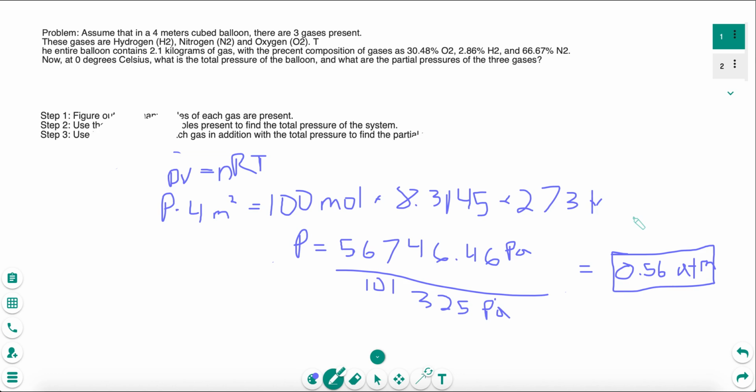Now using this, we can finally find the partial pressures of the three gases. So let me go to a new page. Total pressure is equal to 0.56 atm. So now we can use the equation for partial pressure, which is equal to the mole ratio.